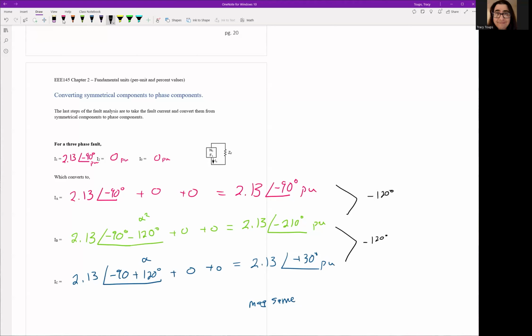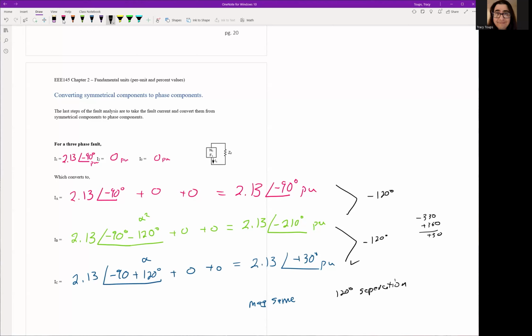Well, negative 210 and negative 120 is negative 330, and we can always add 360 to that, which will be positive 30, which is what we have down here. So yes, it checks out. So 120-degree separation. It's good to check your work like this. A three-phase fault is balanced because the magnitudes are the same with 120-degree separation.